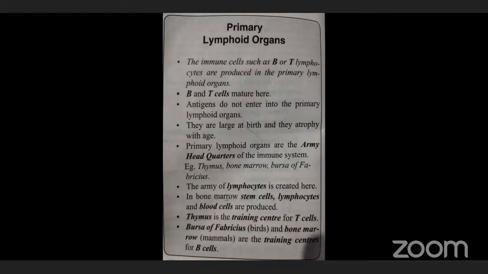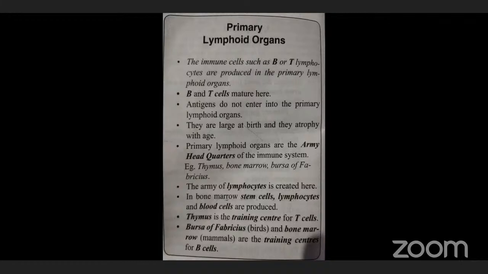The mature lymphocytes of primary lymphatic organs migrate through the blood or lymph and accumulate in the secondary lymphatic organs. Here, those cells are exposed to antigenic stimulation and become functional by producing specific antibodies. Clear? So up to this level we discussed.